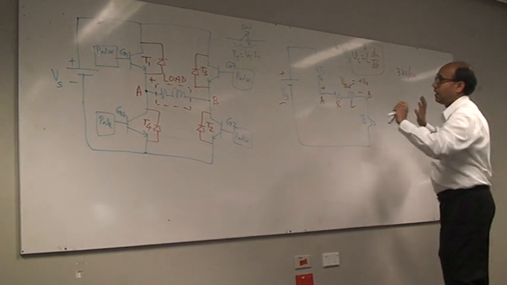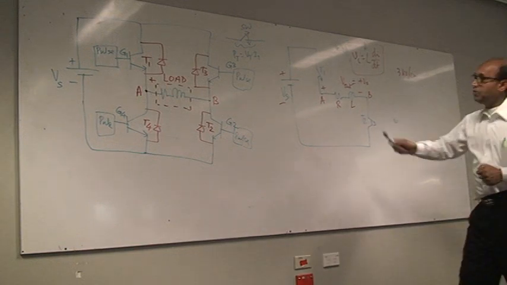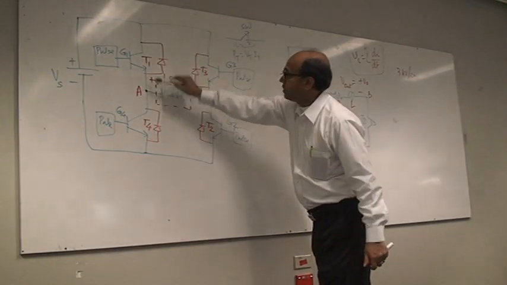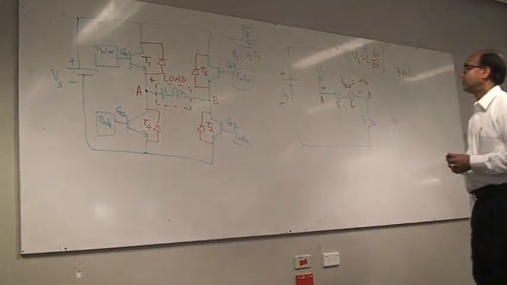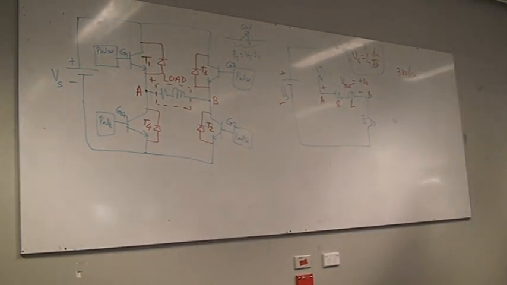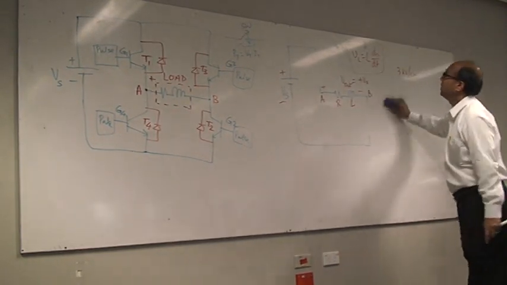But let us say I switched off, the inductor allowed me to switch off, and then what I do, I switch on T3 and T4 while T1 and T2 go off. Now T1 and T2 are not here.